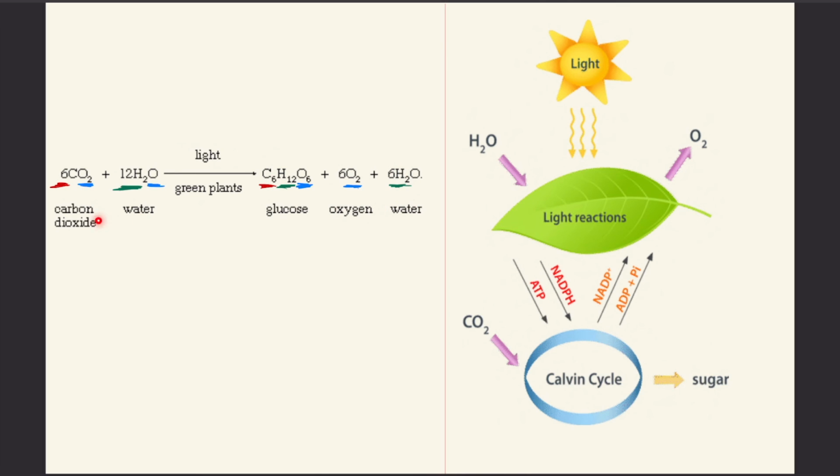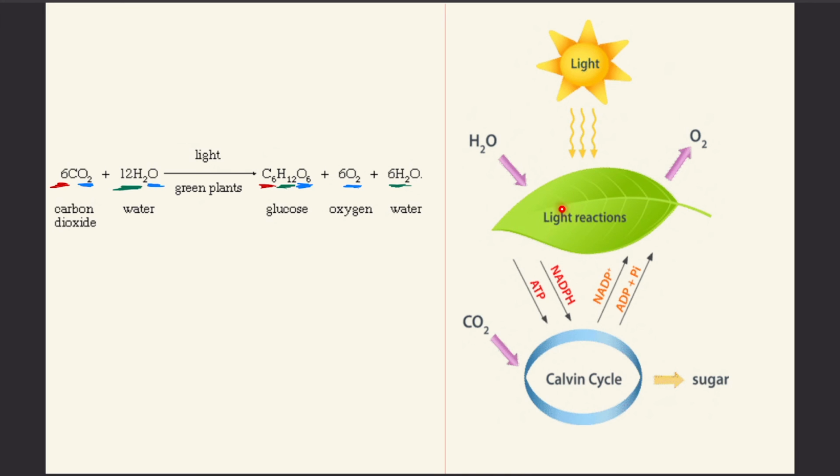So everything is balanced. And the reverse of this is actually cellular respiration. That's a different story. So you have the sunlight as the main source of energy. It powers the light reaction. O2 is given off as a byproduct, and H2O is absorbed through the xylem of the plant.